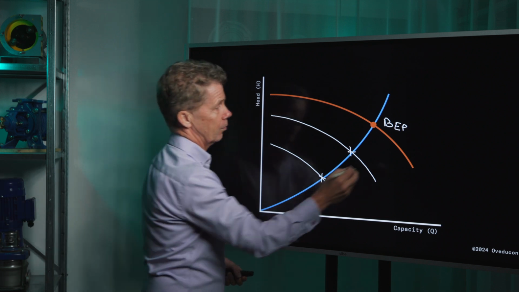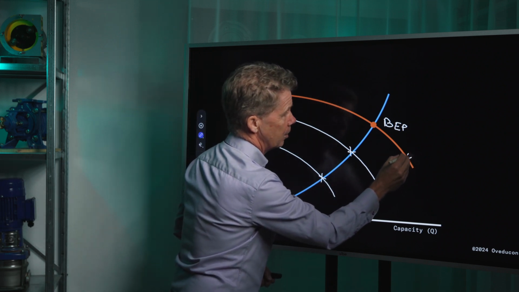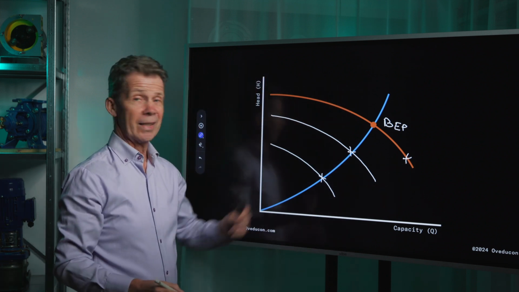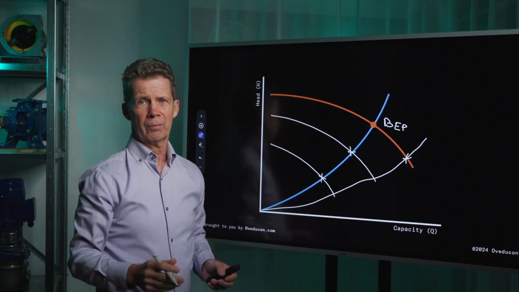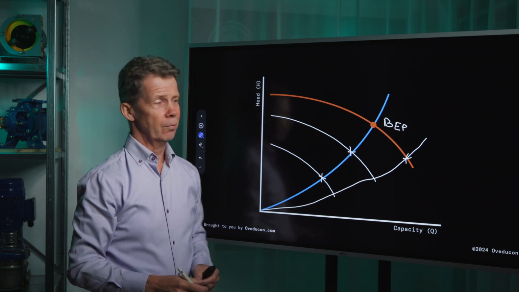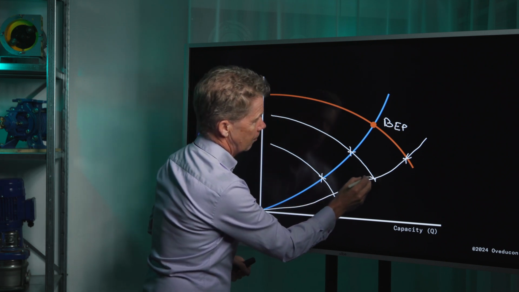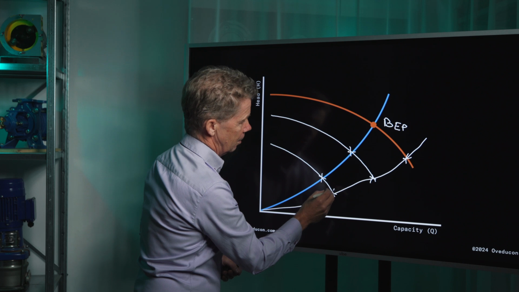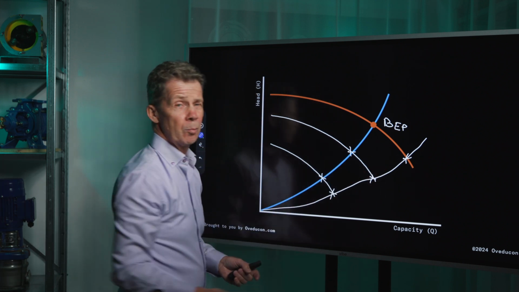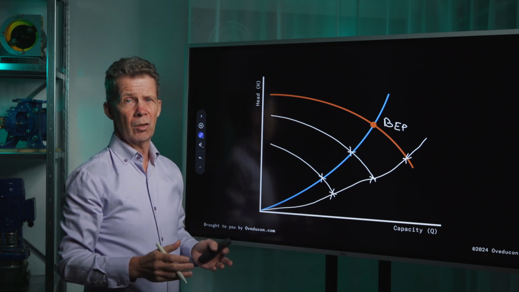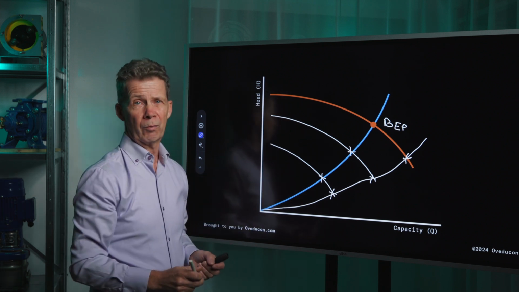For example, if your operating point was like here, I have to draw in a new system curve, it's almost perfect. And you see here that also in the lower frequencies your operating point is still not on the right spot in your pump curve.